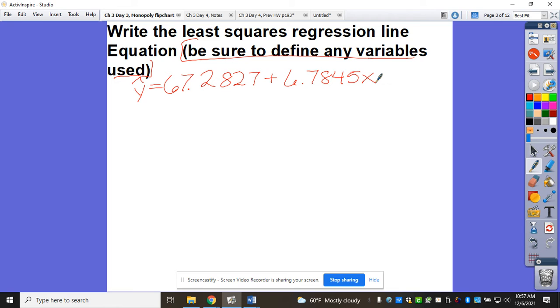What do I need to do immediately with that? So this is our number of spaces from Go. And I also need to define y hat. My first word of defining y hat is going to be what? Always, estimated or predicted. And then we already talked about y is property cost.